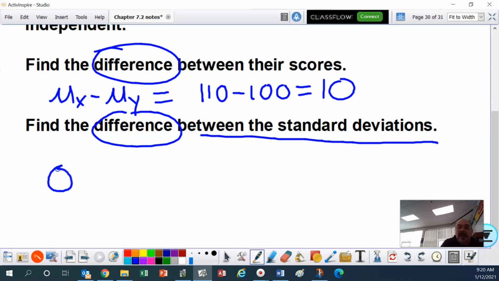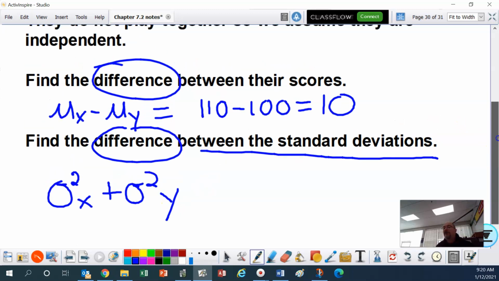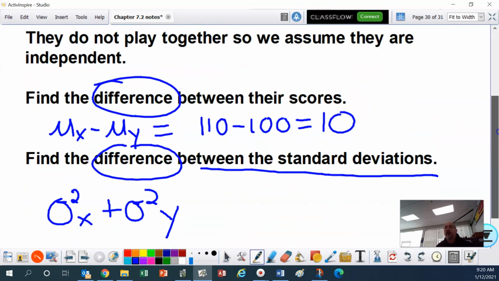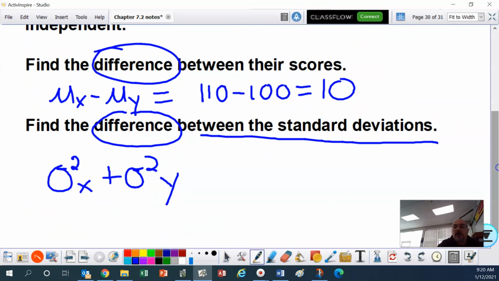Okay, so we have to take the variance and add it to the variance of the other person. So that means, ladies and gentlemen, you have to take 10 squared plus 8 squared.